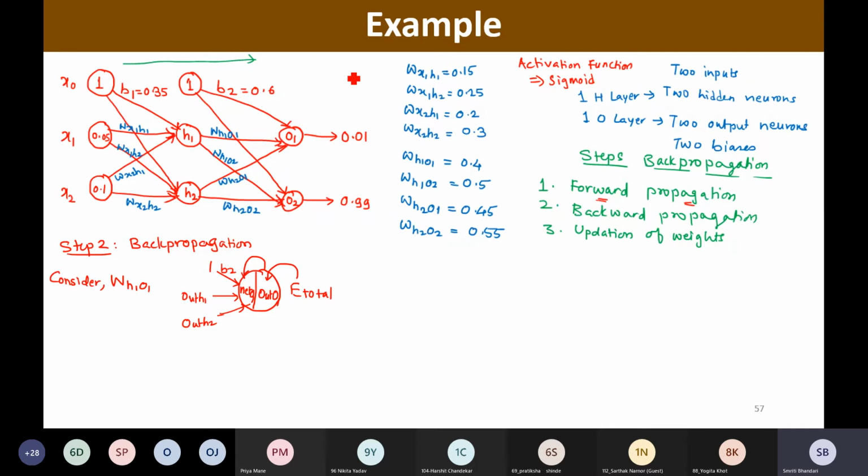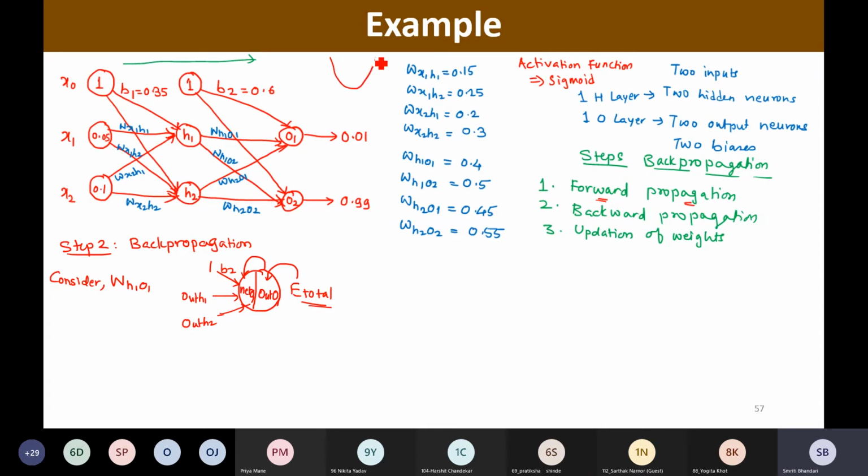And whenever I say that I want to minimize the error, which error would I like to minimize? I would like to minimize the total error. I'm not considering individual errors that need to be minimized. I want to minimize this total error, right?